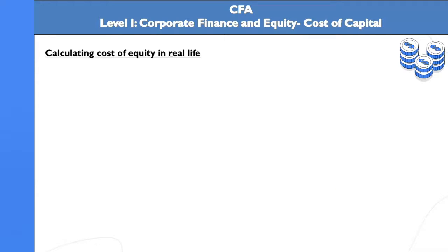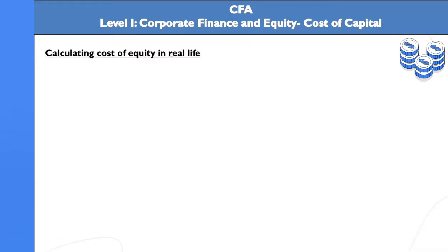We use CAPM to calculate beta, and then we use that beta to calculate the cost of equity, which is risk-free rate of return plus beta times market risk premium, which is market return minus risk-free rate of return. Please go back to video number 9, and I'll put a link to that video in the description box.